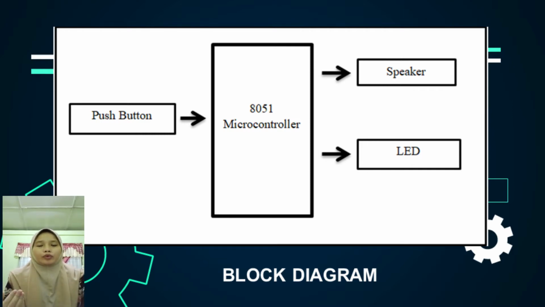For the input, we use a push button to indicate the movement, and the 8051 as a processor, which processes the data from the code program. From the processor we generate the output, which is a speaker to generate the sound, and LED to generate the light.